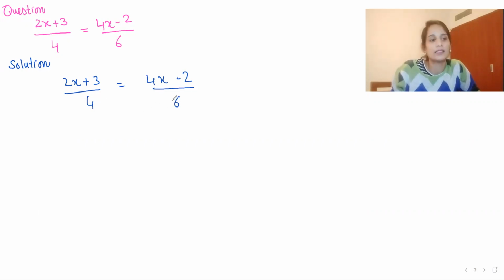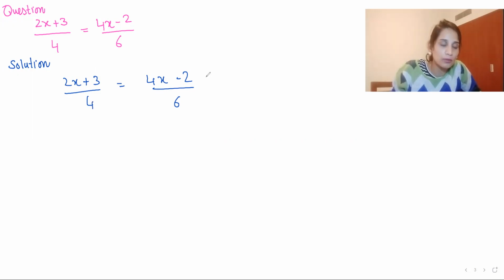This 6 is dividing this value on the right hand side, and 4 is dividing the value on the left hand side. So if they go to the other side of the equal sign, their operation will be changed.